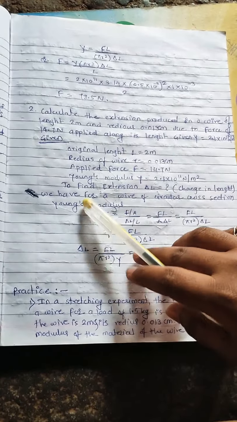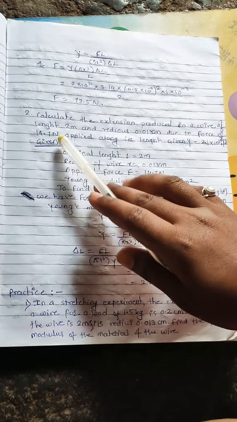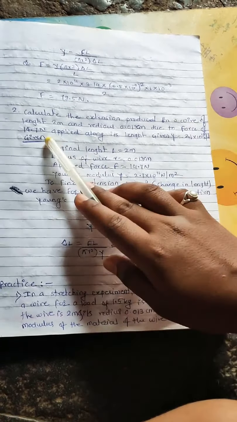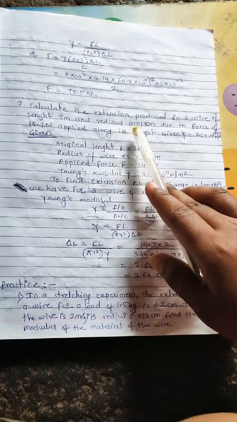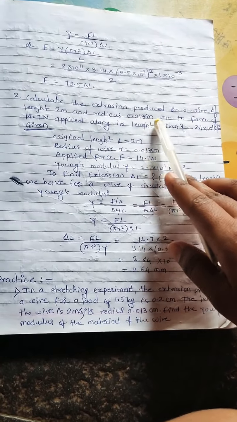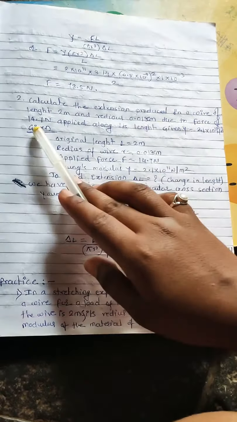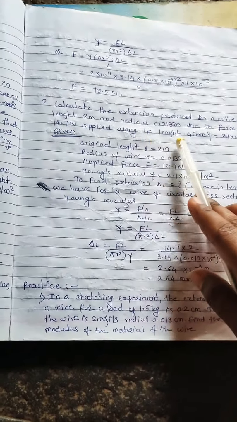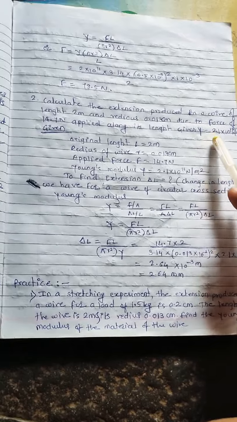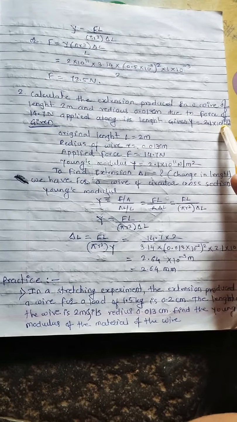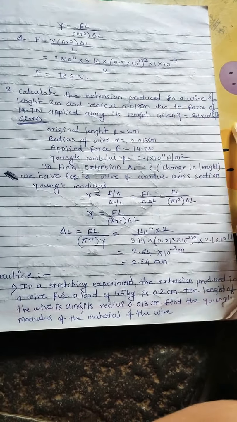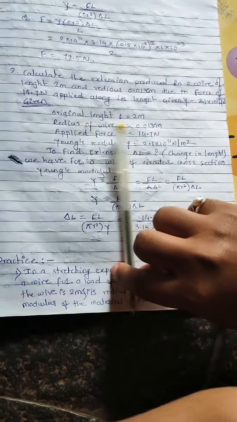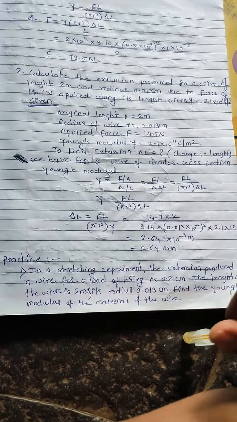Then next problem: calculate the extension produced in a wire of length 2 m and radius 0.013 centimeter due to a force 14.7 Newton applied along its length. Given Y is equal to 2.1 into 10 raised to 11 Newton per meter square. In this problem we have to calculate the extension of the wire, that is change in length.